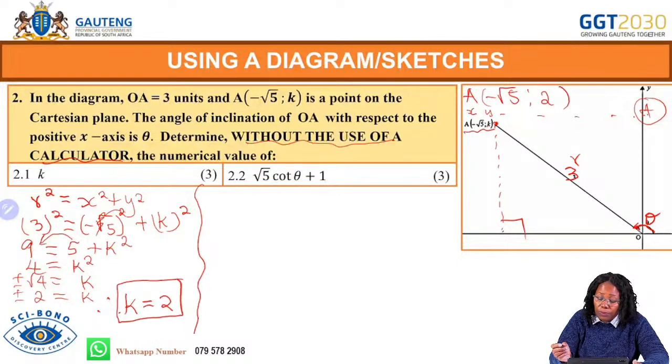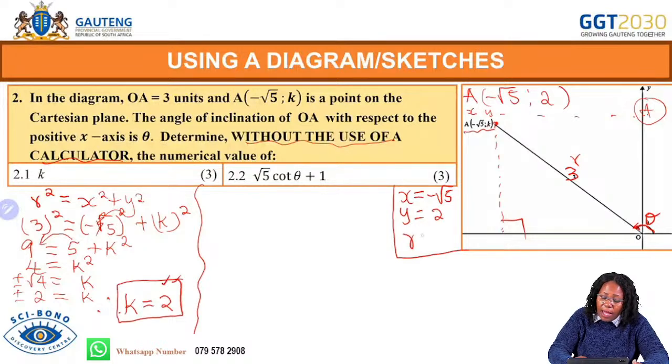So now we can have a table of clustering somewhere there if you want to, of which is telling you the x value is minus square root 5, the y value is 2 as calculated there from k, and the R value is equals to 3. But this will only work if your angle is theta. Now we move to 2.2, the grade 12s.